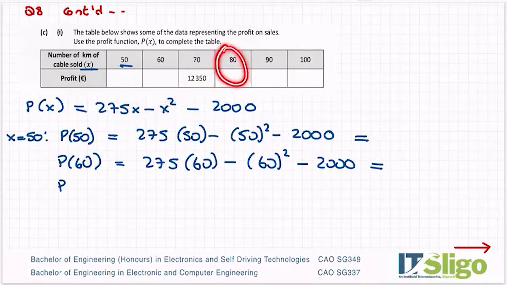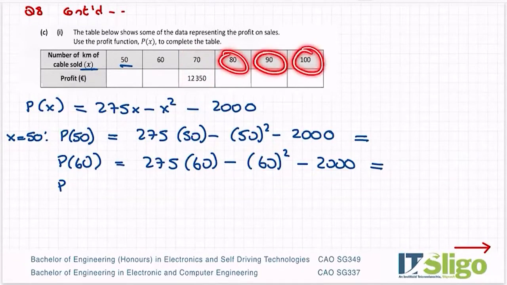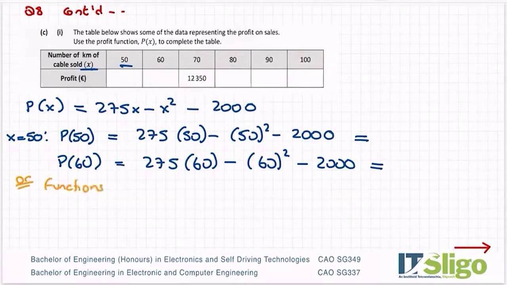Okay, and I just do it on the calculator. I don't normally write it down, but it's a great way to figure out that you have the right method. And then do 80, then do 90, then do 100, okay? Or, of course, you can use functions on your calculator.